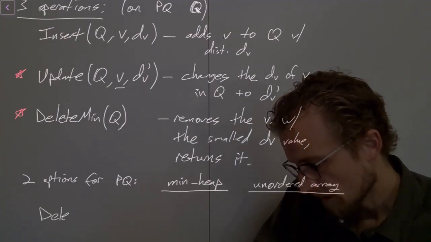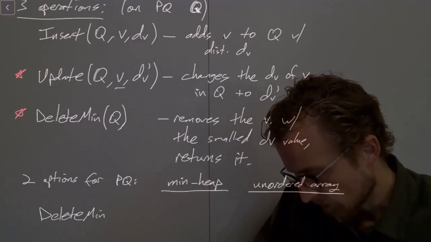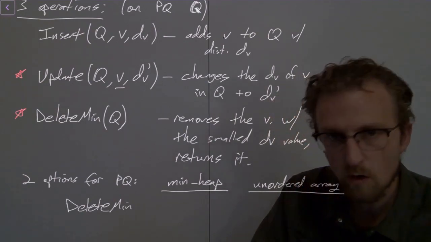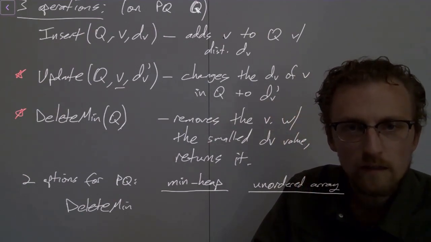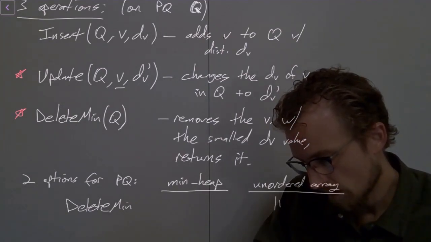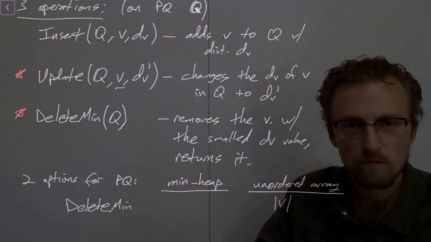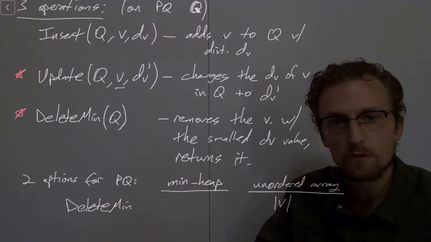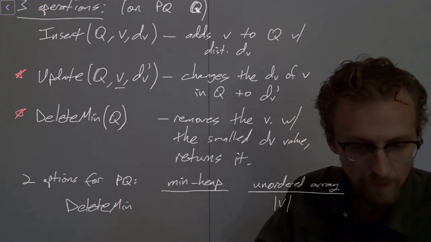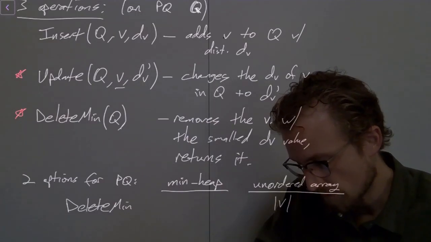The operation delete min takes order length of the array if it's an unordered array, and so we can call that order V. If there are V elements in the array, we'll have to look at all of them to figure out which one has the smallest distance, which one is the minimum.